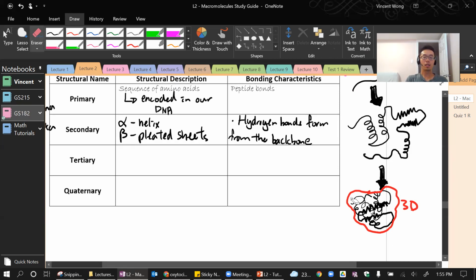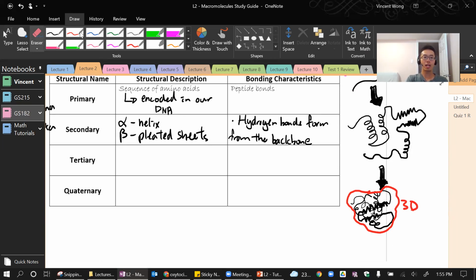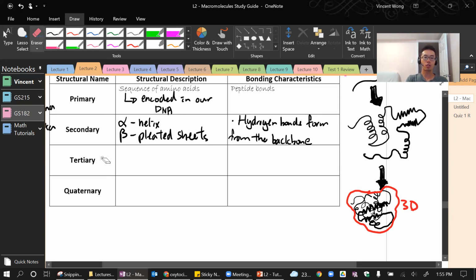The 3D conformation, the 3D shape, is what we call the tertiary structure. That would be the overall 3D shape of the protein. And like I said, the shape is closely related to its function.